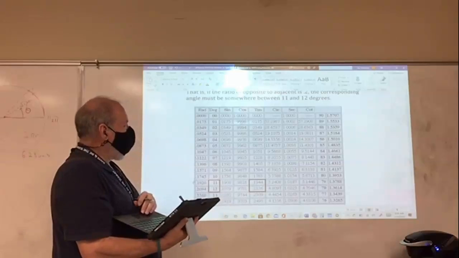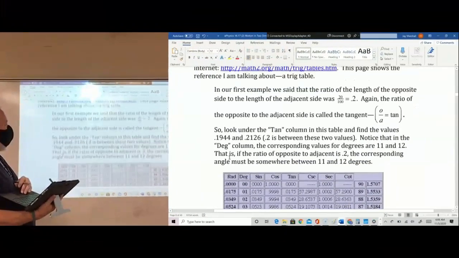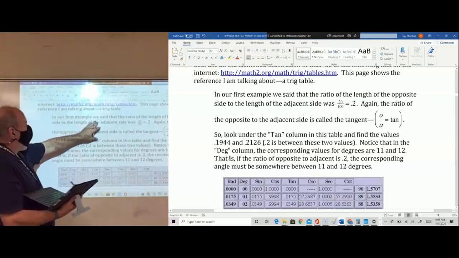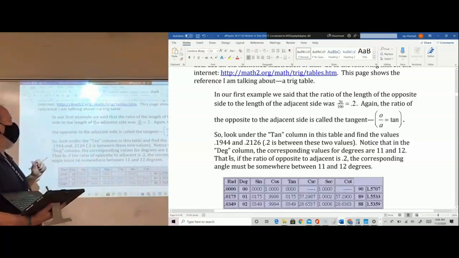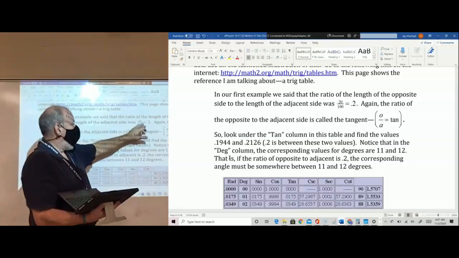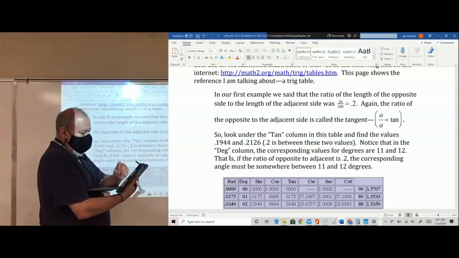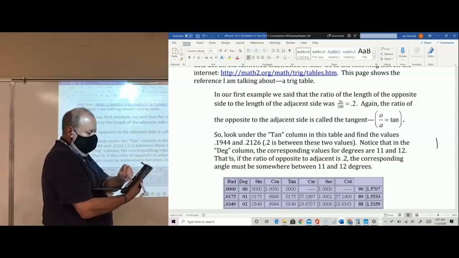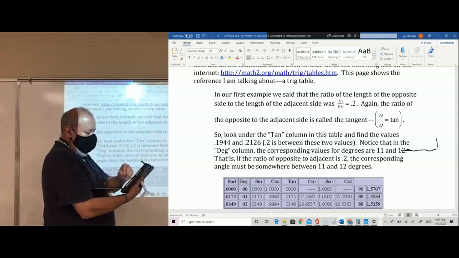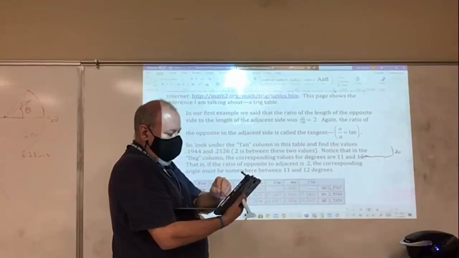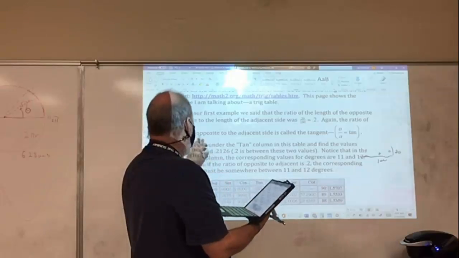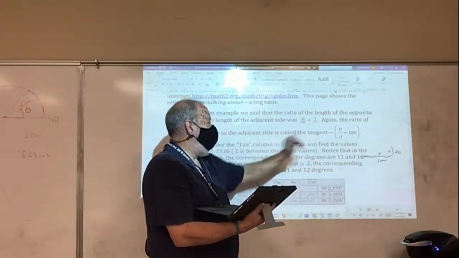Okay? So just to show you how this works, in our first example, we said that the ratio of the length of the opposite side to the length of the adjacent side was 20 to 100. In other words, I had the opposite side about 20, and the adjacent side here is about 100. So opposite, adjacent. Okay? And again, the ratio of the opposite to the adjacent side is called the tangent.